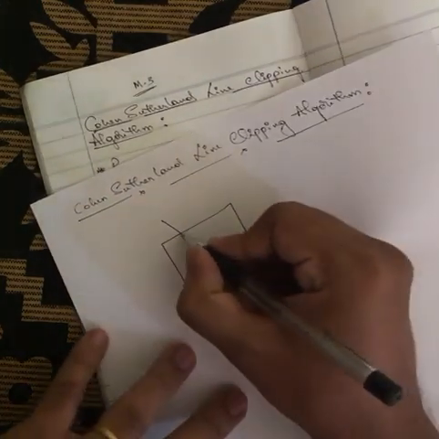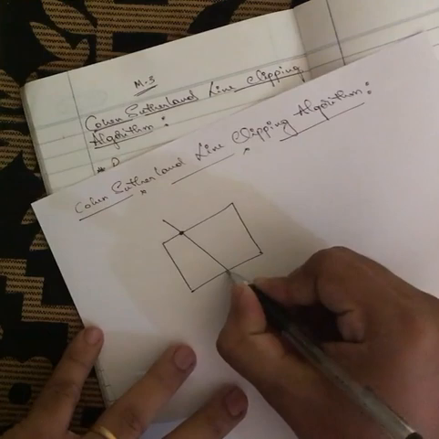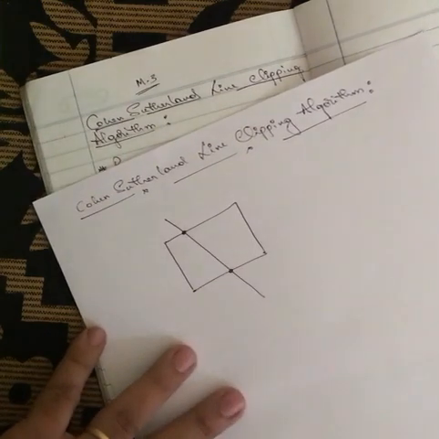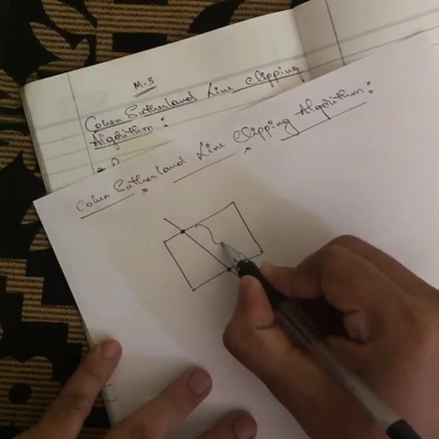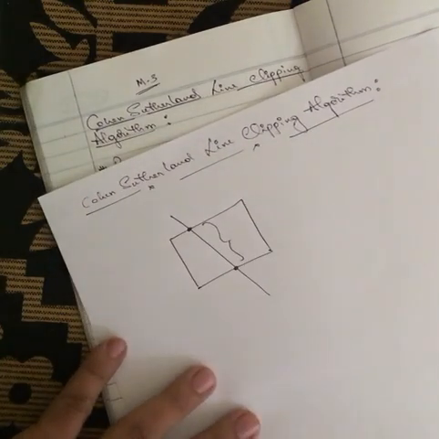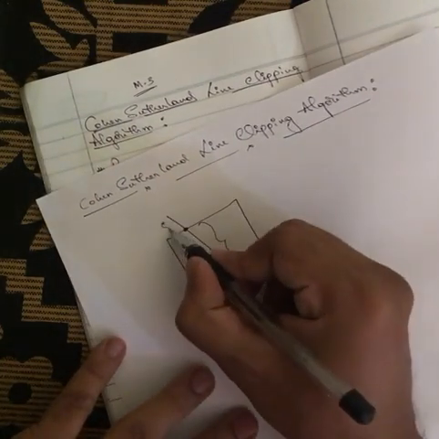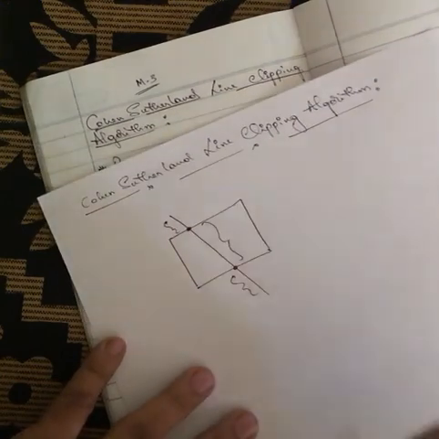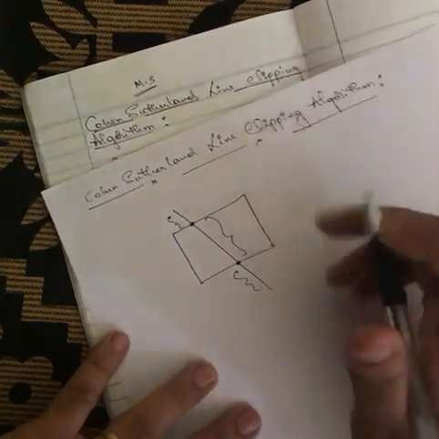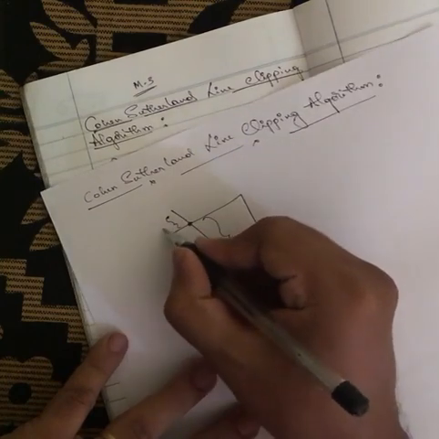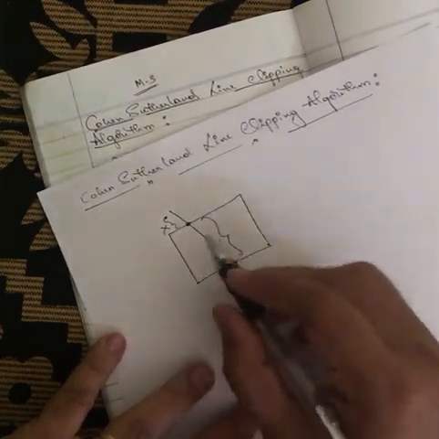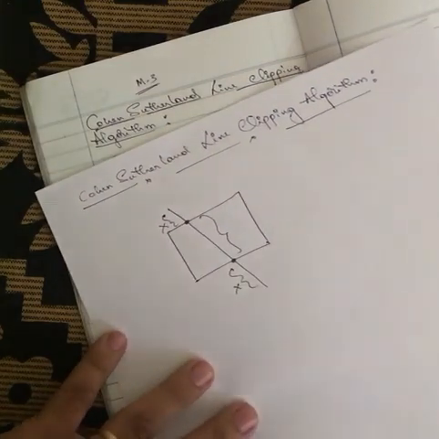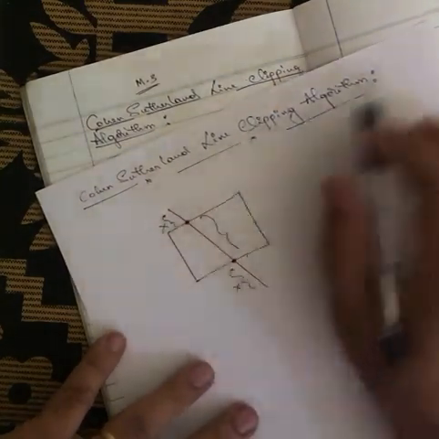It finds the intersection points of this line and decides which part of the line is inside the display window. This part of the line is inside and these two parts are outside the display window. The clipping algorithm will clip whichever part is outside and then print only the part which is inside.